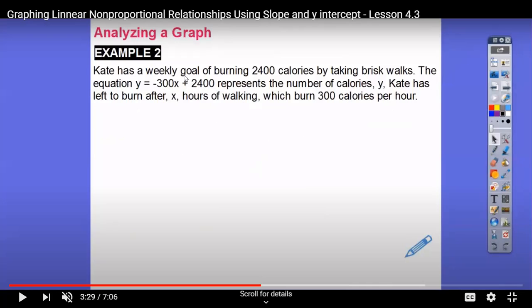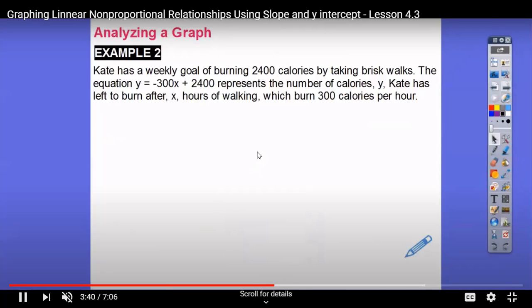So we have the equation y equals negative 300x plus 2,400. We have the initial value, which is 2,400 calories, and the rate of change, which is the slope, negative 300. And we want to represent this graphically.